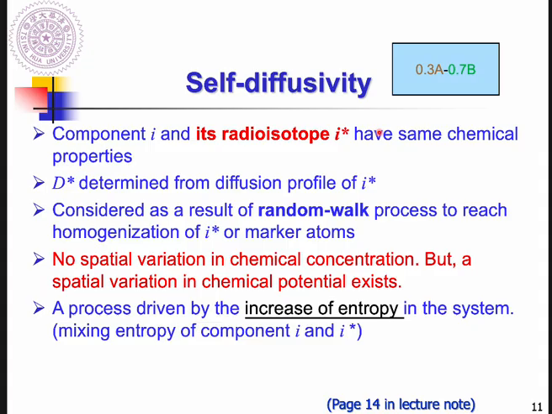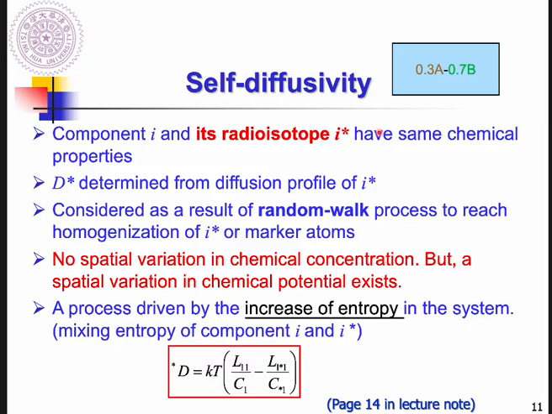Then they can estimate the self-diffusivity of A. But as you know, as long as you dope or implant A star, this introduces an external chemical potential gradient, and this difference will lead to atomic transport. It's not exactly correct, but it is the only way you can do it in your experiments.